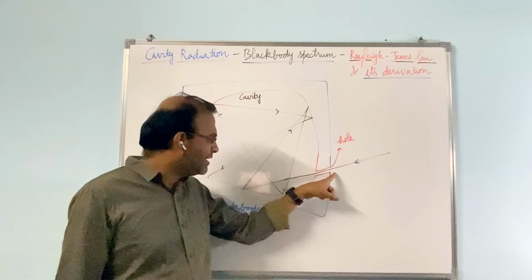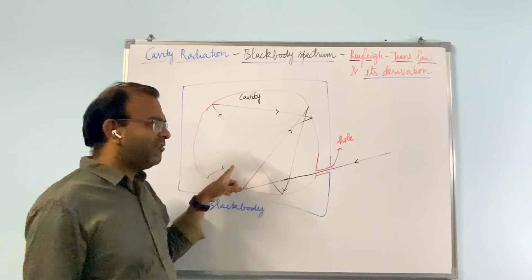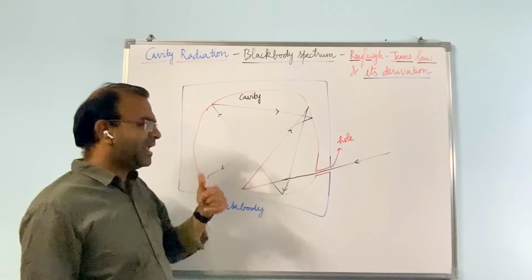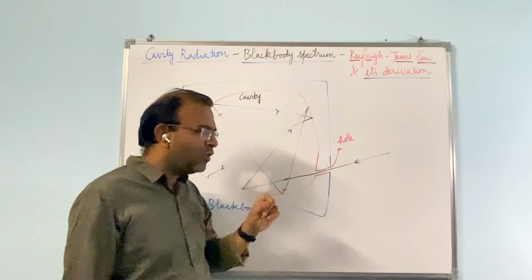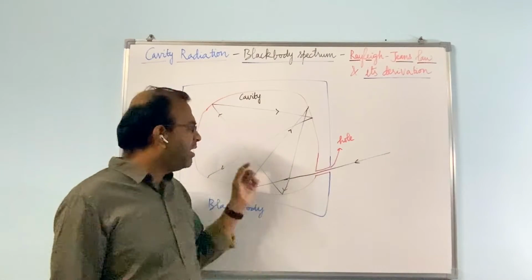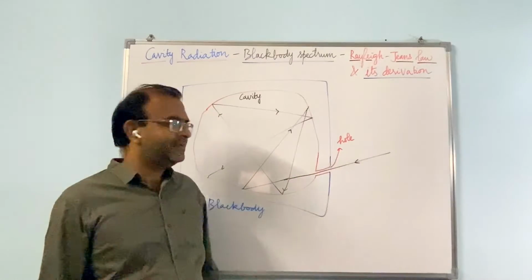Any radiation that is incident upon this hole enters through the hole into the cavity and gets reflected multiple times before getting completely absorbed by the cavity. Therefore, the surface of the hole behaves like a black body in absorbing all radiation that is incident upon it, and only a small fraction is allowed to escape through this hole.